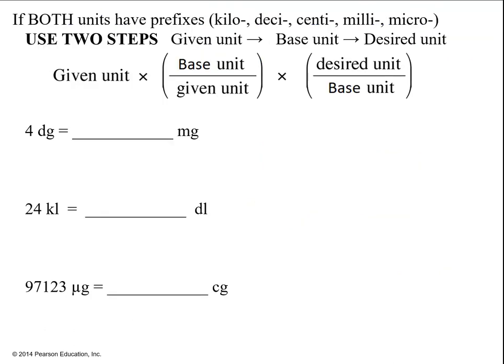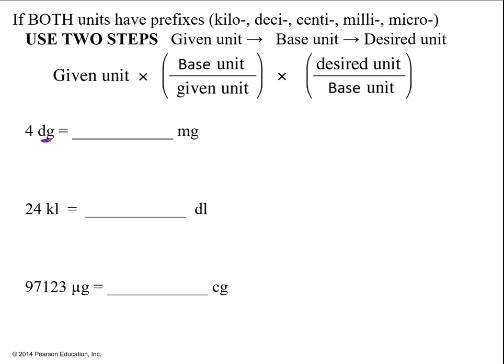But sometimes I end up with a problem where both of my units have prefixes. So you see in this one, I have decigrams and milligrams. So one unit is deci, one unit is milli. So in doing this, I want you to do this in 2 steps. If you see 2 letters in your unit, then you know it's a prefix.